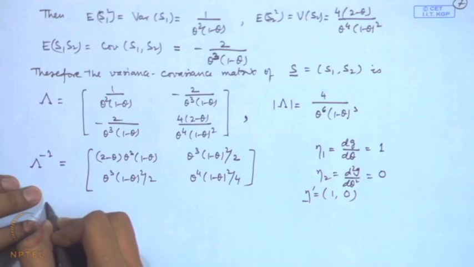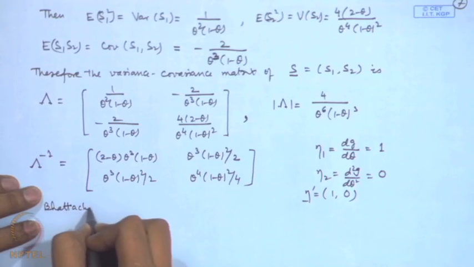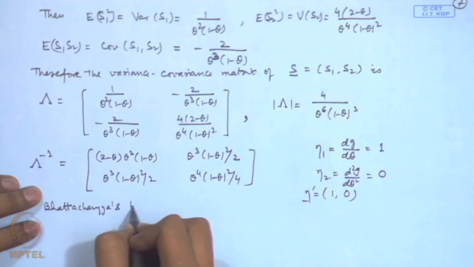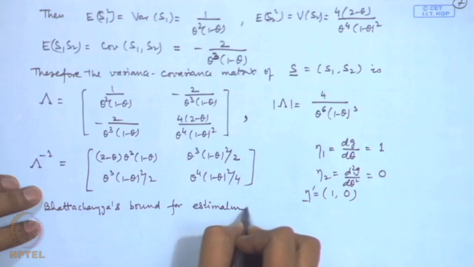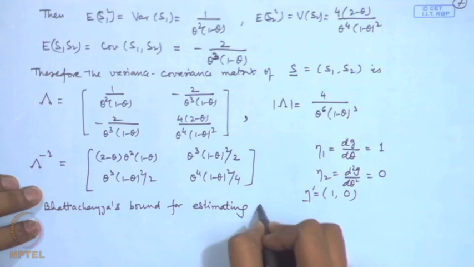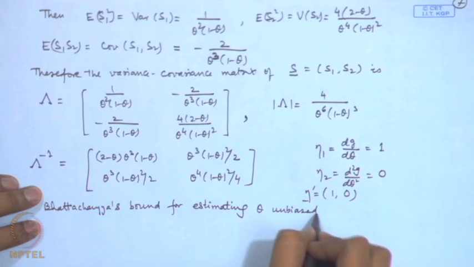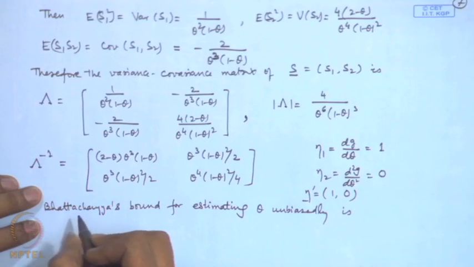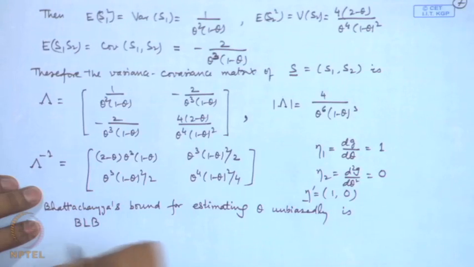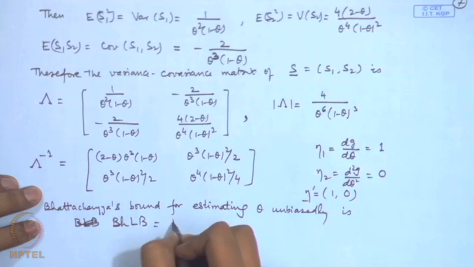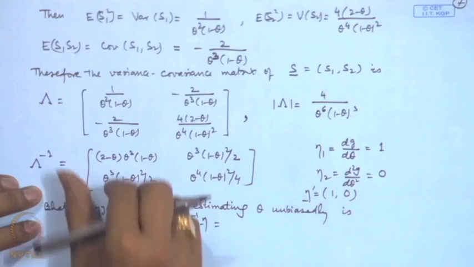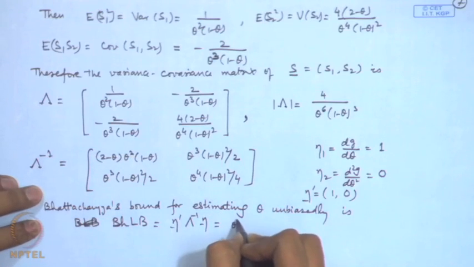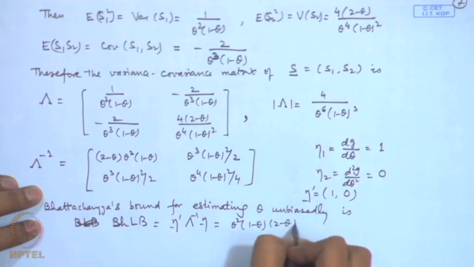So, Bhattacharya's bound for estimating theta unbiasedly, I will call it BLB, Bhattacharya lower bound, or say BHLB, is equal to eta prime lambda inverse eta. Since eta is 1 0, you will actually get the first term, that is theta square into 1 minus theta into 2 minus theta.